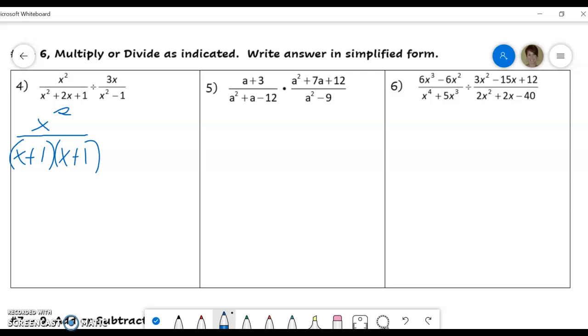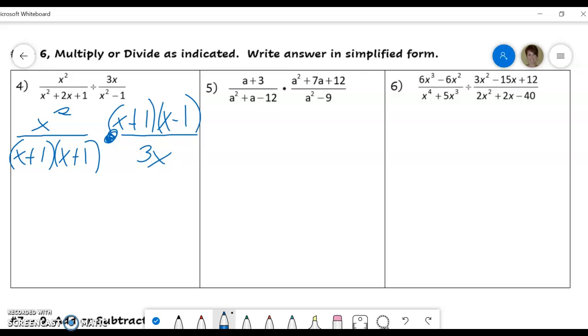Now remember, we're dividing, so I'm going to multiply by the reciprocal. And then x squared minus 1 will go on the top, but I'm going to go ahead and factor that because that is a difference of squares.